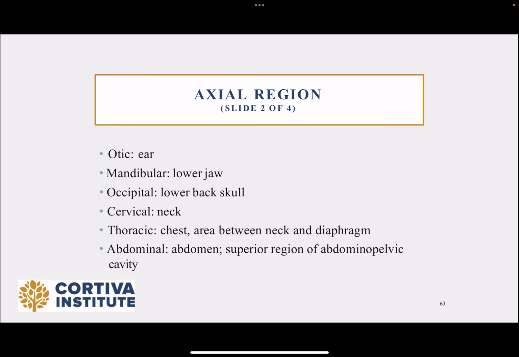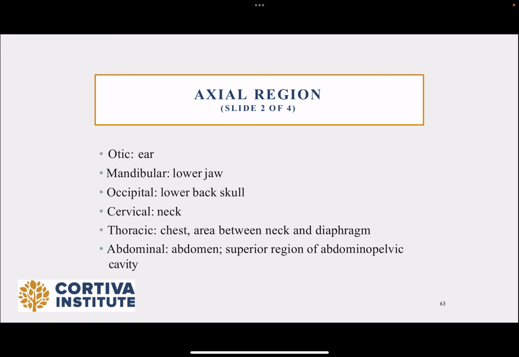For the axial region, otic is going to mean your ear. Mandibular is your lower jaw. Occipital is the lower back of the skull. Cervical is the neck. Thoracic is the chest, the area between the neck and diaphragm.